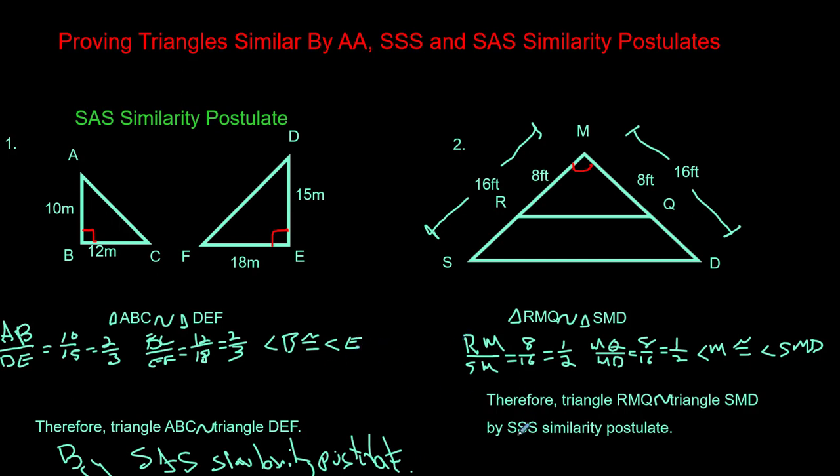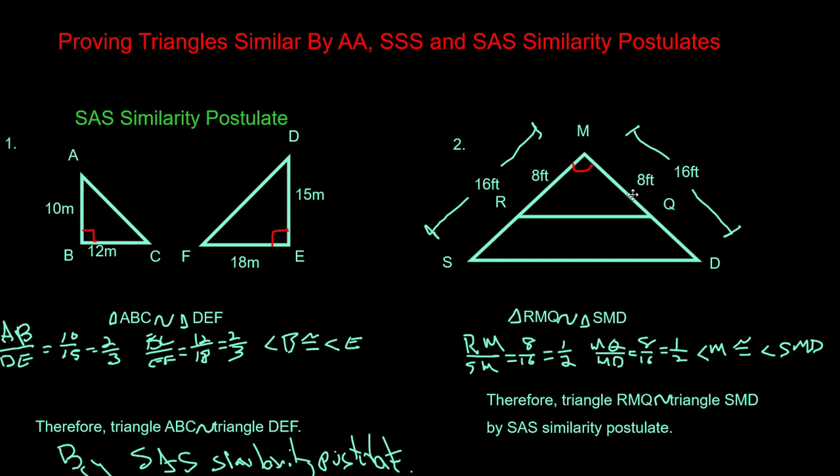Okay, and this one, let's just go ahead and change real quick over here, because it's going to be side, angle, side, because that's what we're looking at here. Okay, so let's continue. So we're going to do the same thing with our sides here. Well, this side corresponds to this side. This side of the little triangle corresponds to this side of the big triangle.